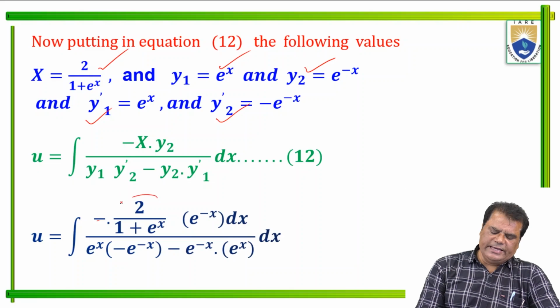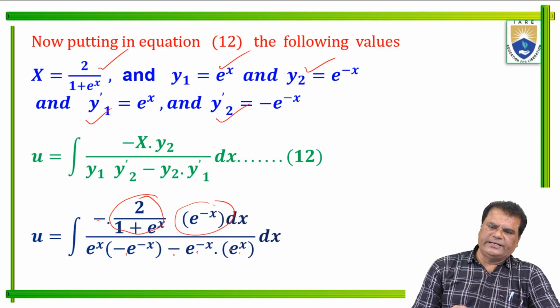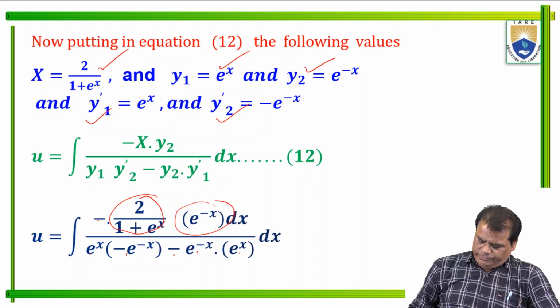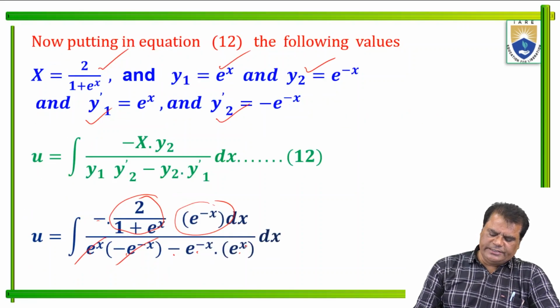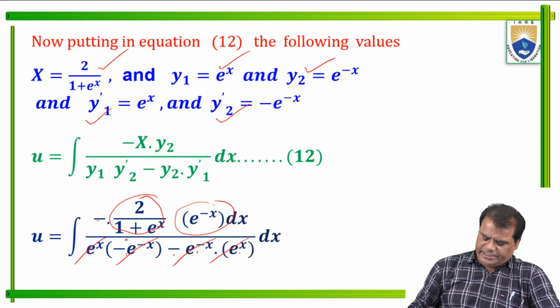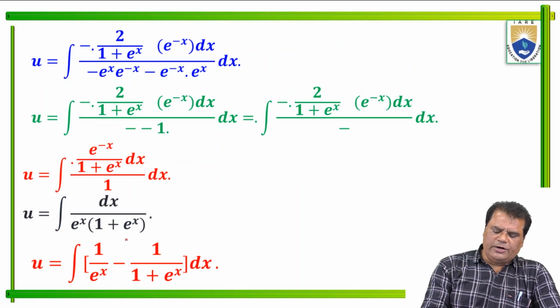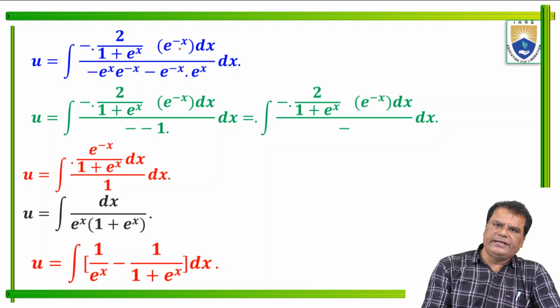So here minus X, this is the X, and here is y2, my e to the power minus x, upon y1 e to the power x, y2 dash minus y2 y1 dash. Here this cancels with this. So this is minus 1 and this is minus 1. So now minus 2 upon 1 plus e to the power x, here e to the power minus x.